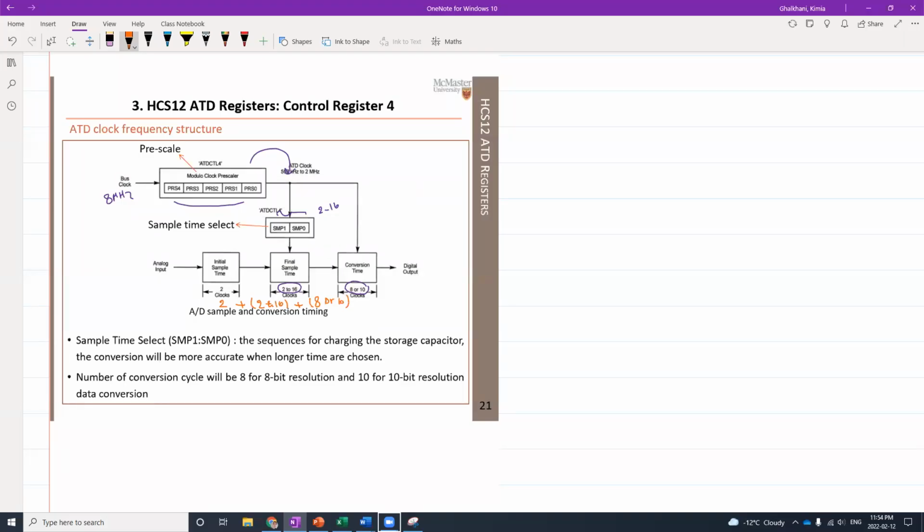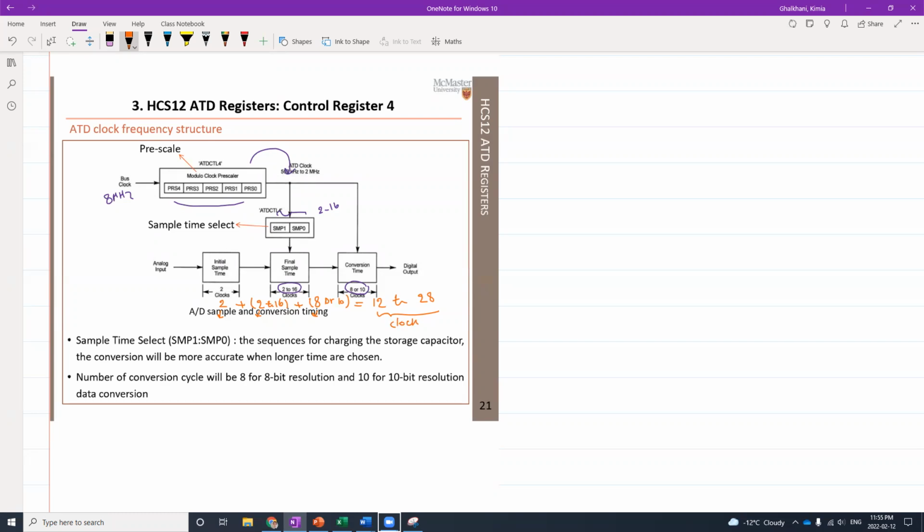So if I use only the lowest one, let's say this, like 3, then 2 plus 2 is 4, and 4 plus 8 is going to be 12 clock for the lowest one. If I am considering the highest one, it is going to be in here 10, 16, this is 26, and then by 2 it is going to be 28. So it means it will be 12 to 28 clock, right? To convert one value.